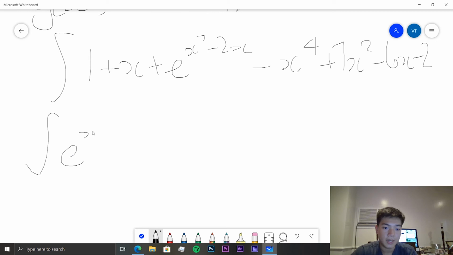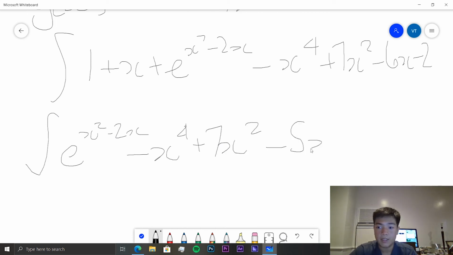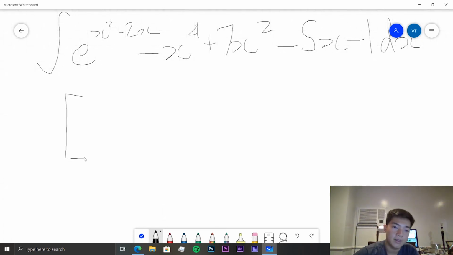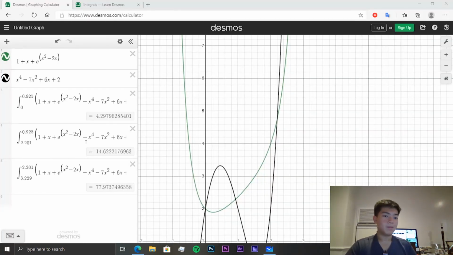This is e to the x squared minus 2x minus x to the 4 plus 7x squared minus 5x minus 1 dx. So if we integrate this, we get, oh dear. Yep, so by putting it into the integral calculator, we get these three.